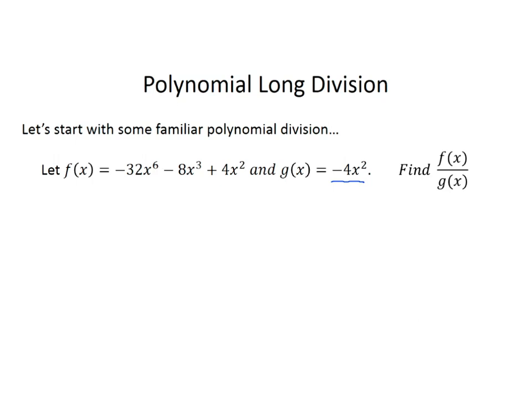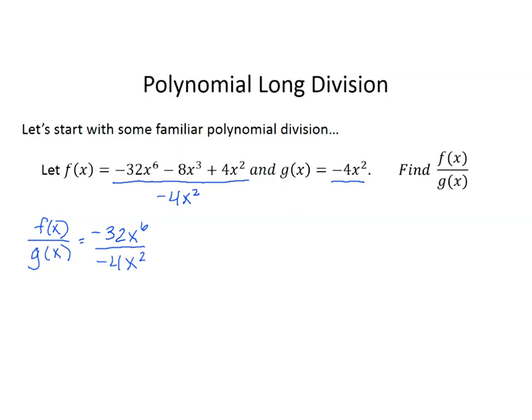Because we're dividing this whole polynomial by negative 4x squared, and again, it's the same as saying that we're factoring that out, then we have to look at each term and divide it by that monomial. So we'd have something that looks like this, f of x divided by g of x is negative 32x to the 6th divided by negative 4x squared.